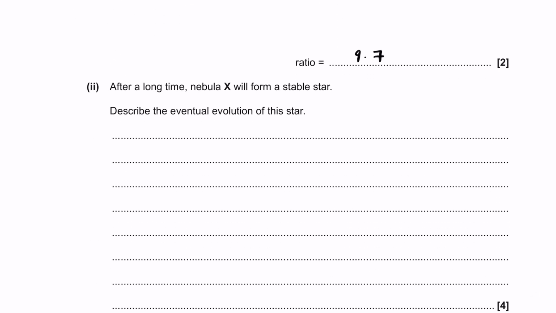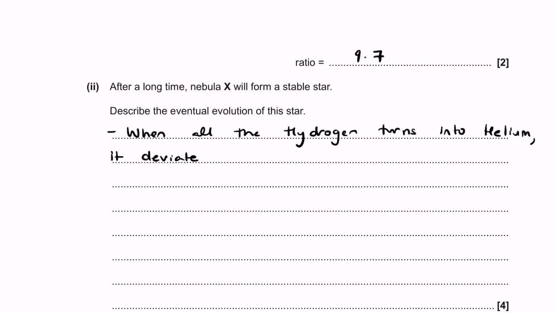After a long time, nebula X will form a stable star. Describe the eventual evolution of this star. So we know that when all the hydrogen runs out, or hydrogen turns into helium, it deviates from the main sequence.